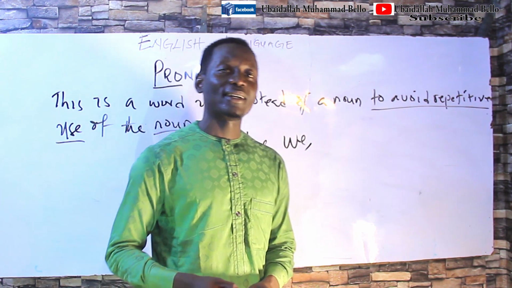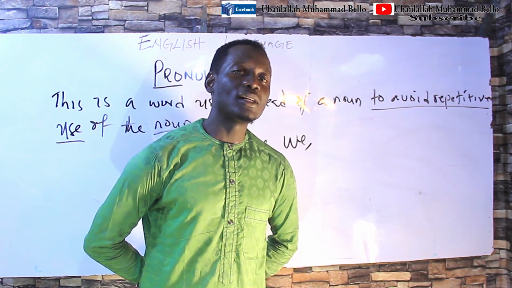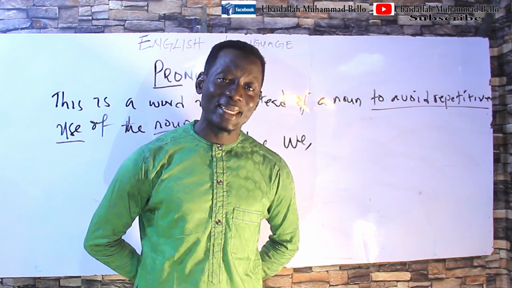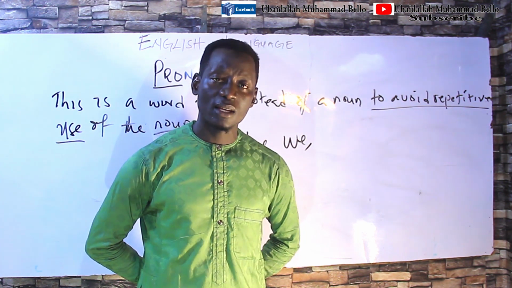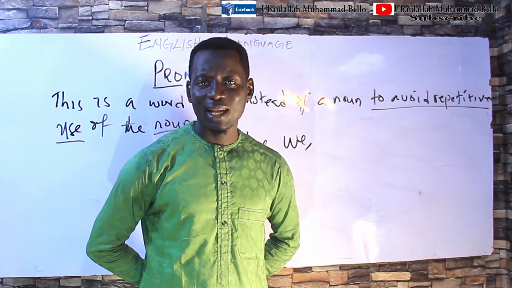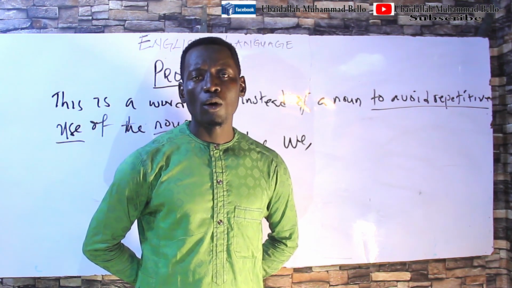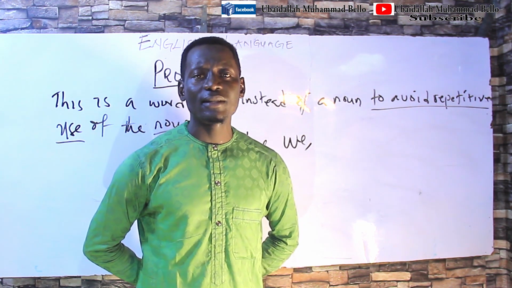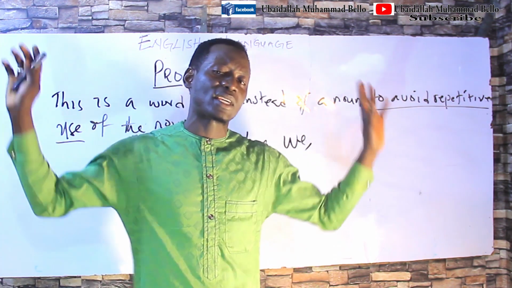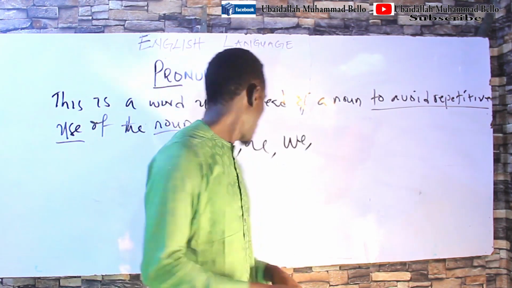When you cannot, or you don't even have enough time to call several names because you are using a story that is working on different subjects, I think we, to mean you are even included in the story, would suffice than you calling names like John, Osman, Blessing, Loveline, and the rest. The use of we would suffice to cater for all these names for you to mention. You're wasting your time for nothing.